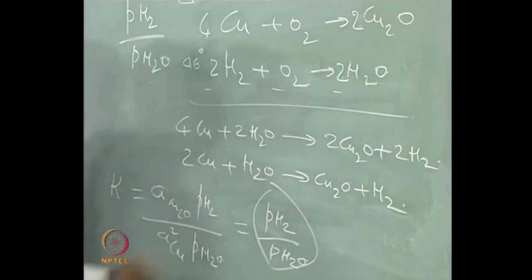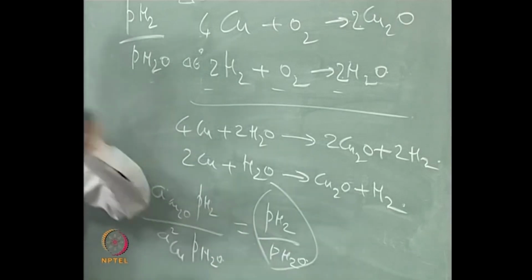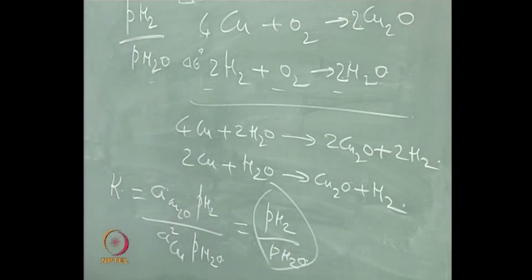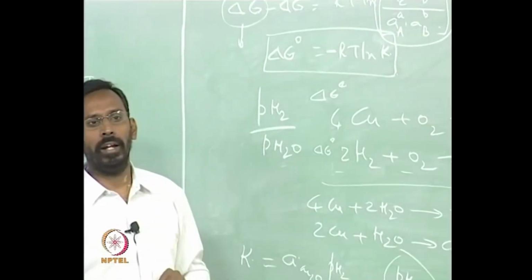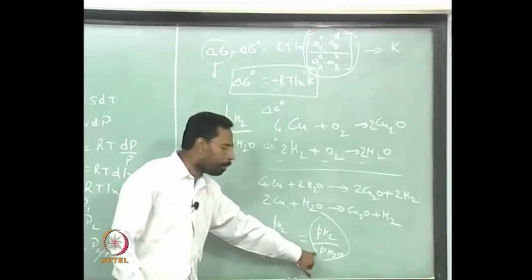So, if I know the delta G of this reaction, I can find out the equilibrium partial pressure ratio of H2 to H2O. This can be easily found out once I know the delta G naught, and simply I will put this equation, and from that I can find out K, and K is nothing but this.